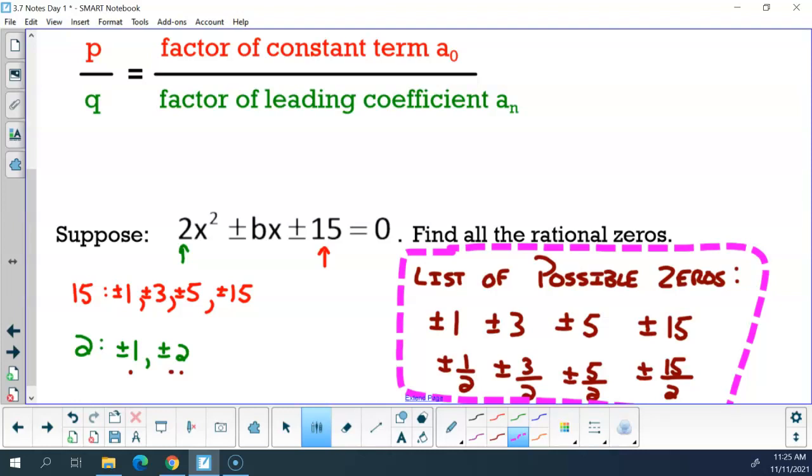So we've taken an infinite amount of possible zeros, and now we've narrowed it down to 16. From that 16, 2 of them are going to be zeros.